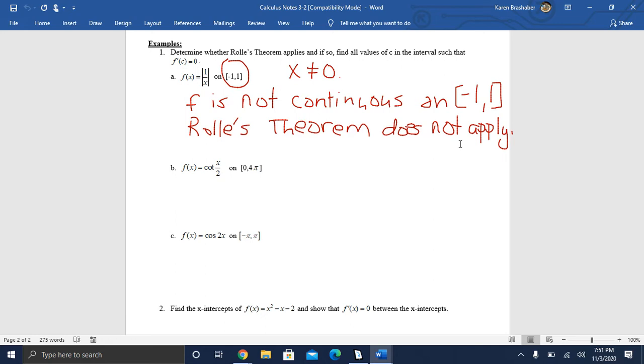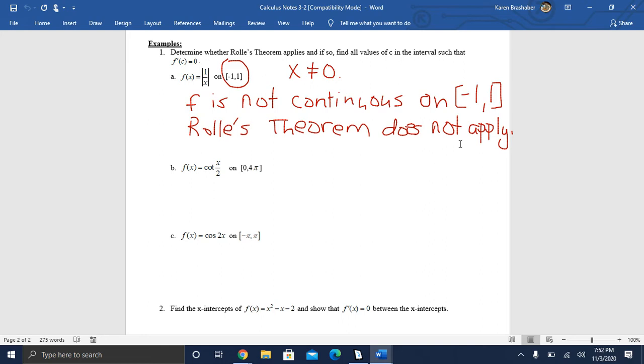So on our interval from -1 to +1, the graph is not continuous, and so therefore Rolle's theorem doesn't apply. Okay, another type of graph that you should be suspicious of would be any of the trig functions other than sine and cosine.